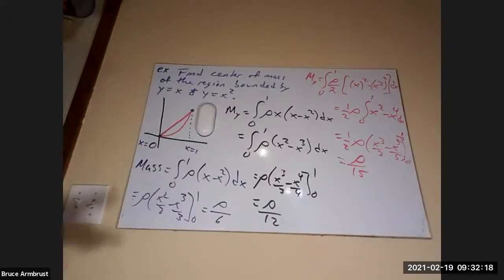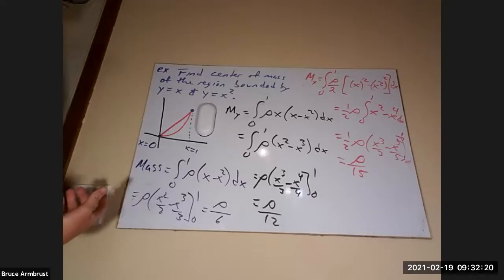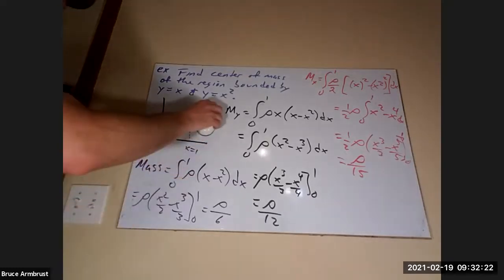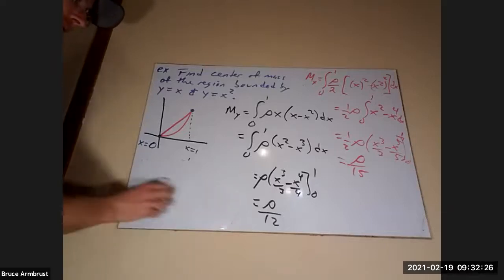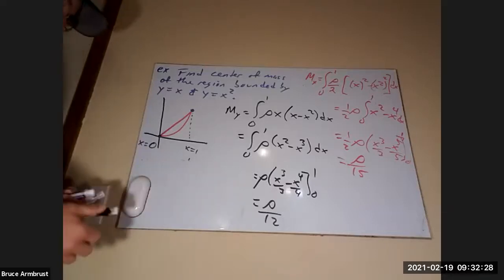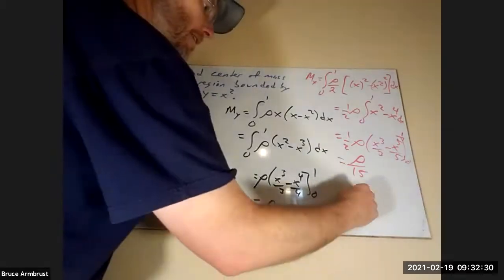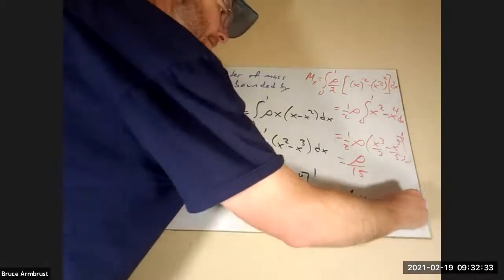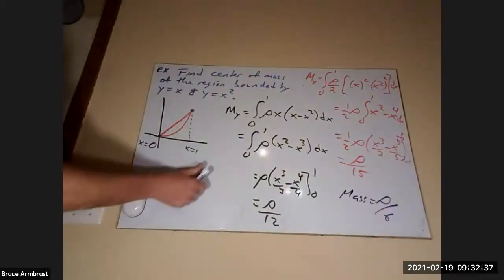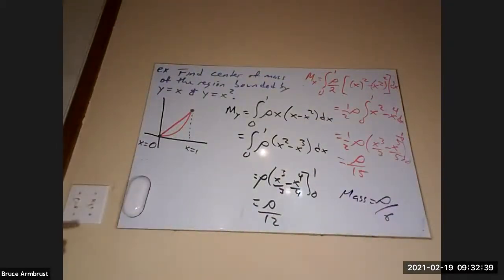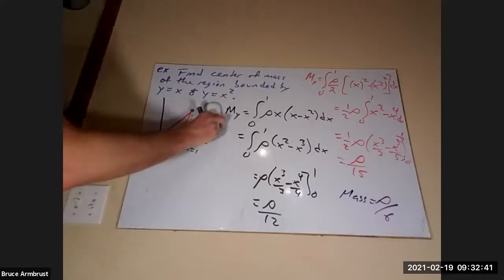All right, so now we're ready to get the center of mass. So I'm going to erase this bit, but let's just remember that the mass is rho over 6 here. All right, so here we go. Let's get the center of mass. So we've got x bar.